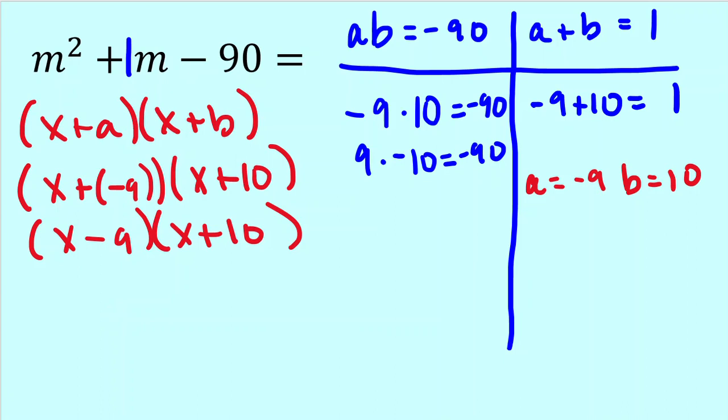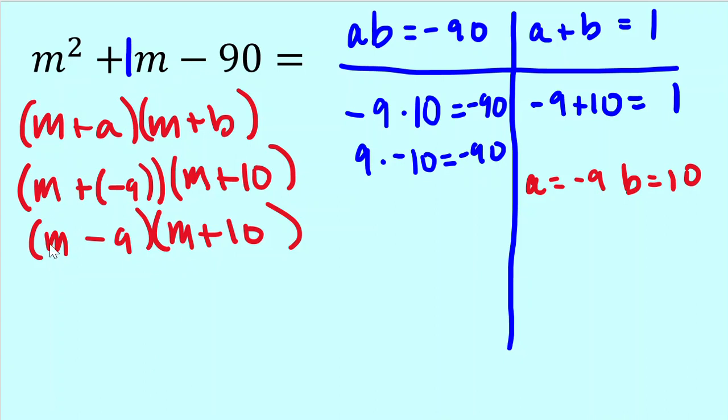I'm so used to writing x that I keep forgetting that these expressions don't have x's in them. So this should be an m. This should be an m. This should also be an m. And same here. Okay.